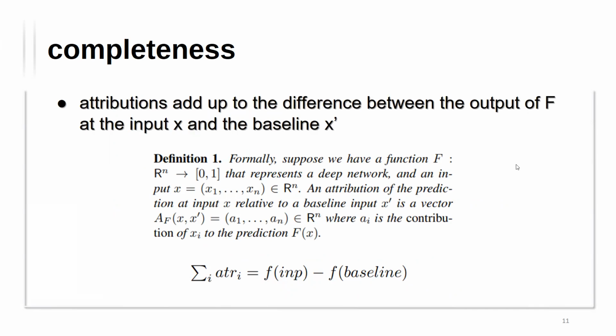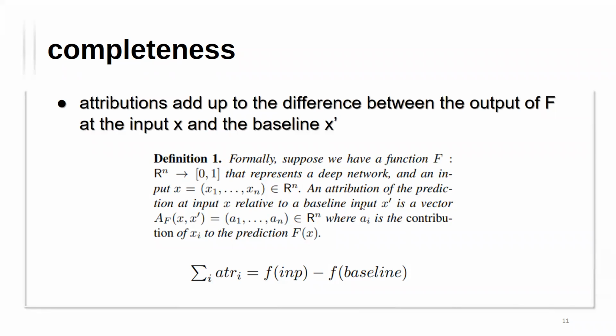First, completeness, also known as conservativeness. Remember the definition of attribution we talked about before.